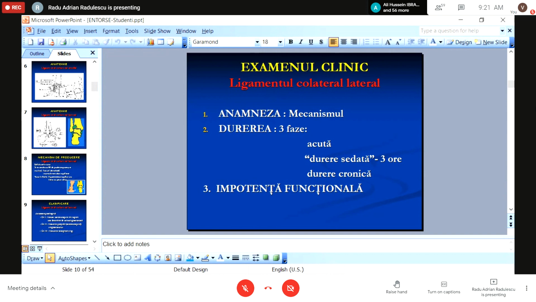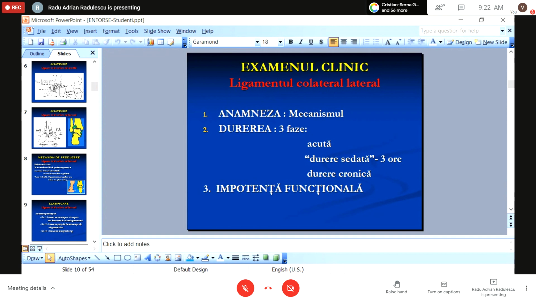At the very beginning, immediately after trauma, we have the so-called acute pain, which is, like I said, very intense. It is included in the category of the 10 most intense pains in our body. But this intense pain lasts for about, let's say, 15 to 20 minutes.